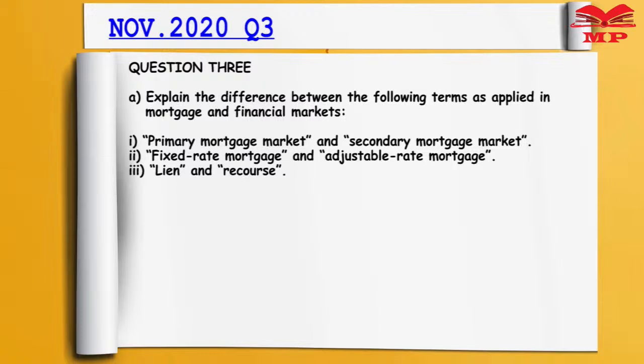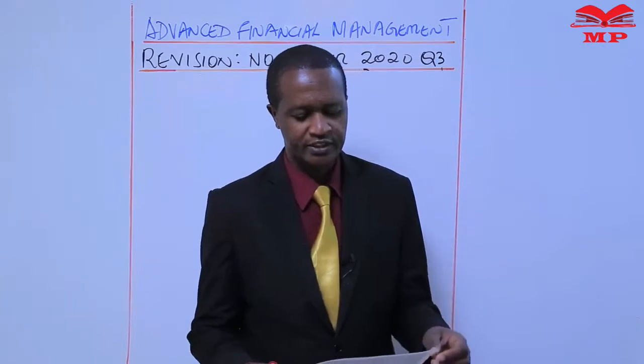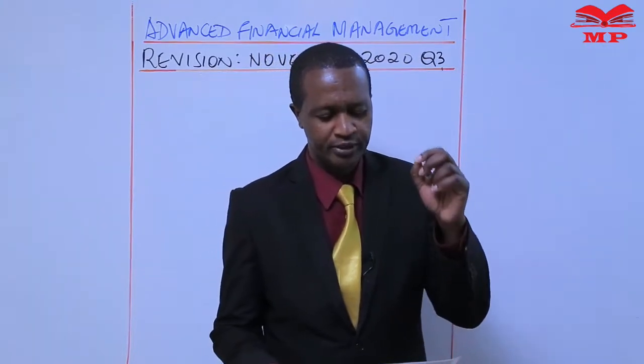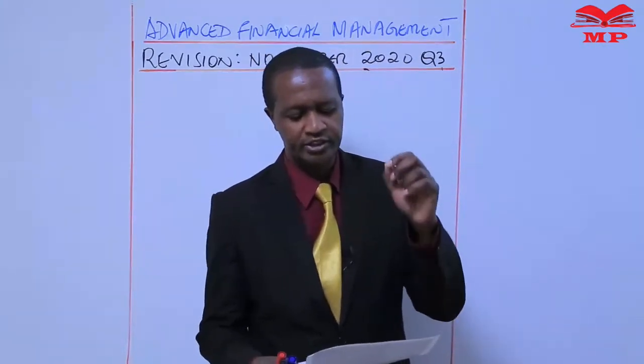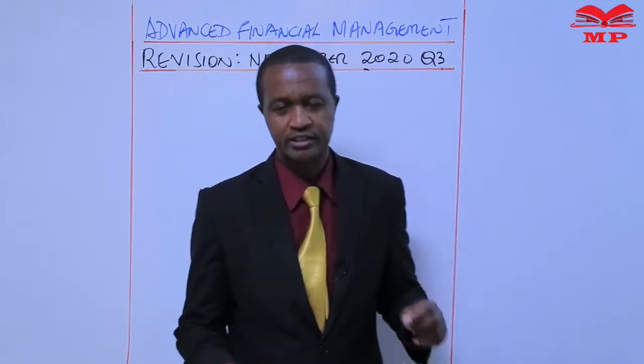Roman 2, fixed rate mortgage and adjustable rate mortgage, 2 marks. Roman 3, lien and recourse, 2 marks. We will first give the difference between primary mortgage market and secondary mortgage market.